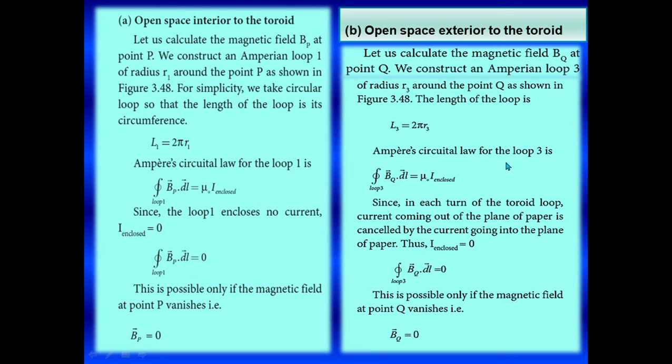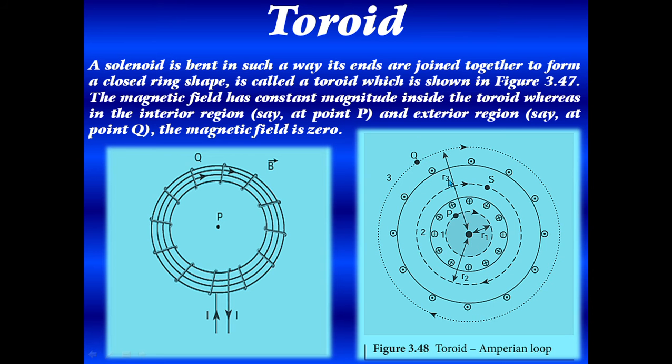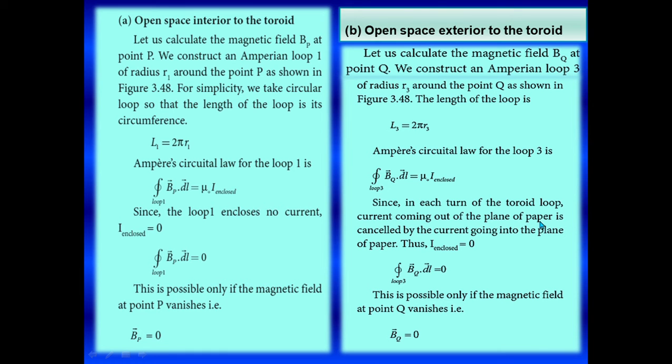Ampere's circuital law for loop 3 is, once again, the line integral over loop 3 of BQ vector dot dl vector is equal to mu naught I enclosed. Since in each turn of the toroid, the current coming out of the plane of the paper is cancelled by the current going into the plane of the paper, I enclosed is equal to 0.